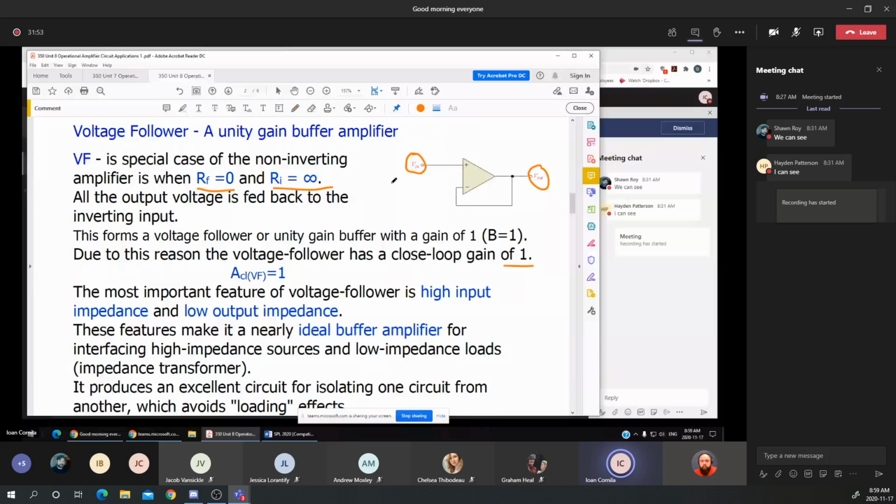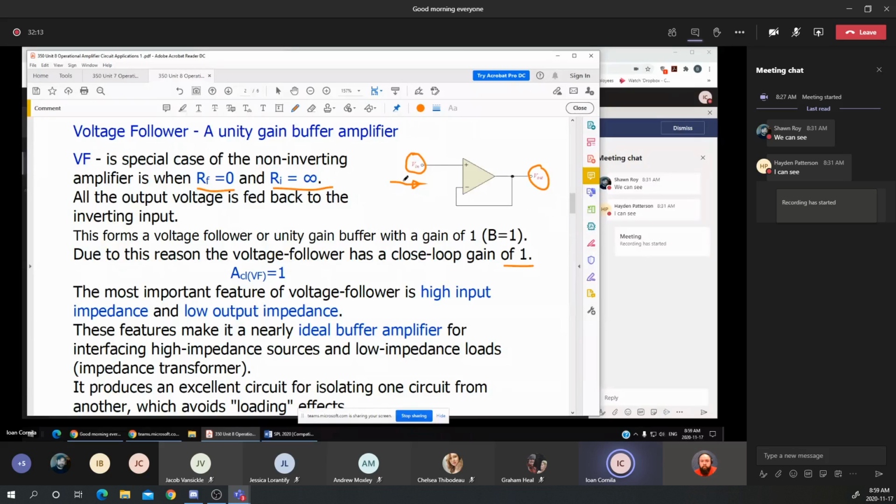In terms of the input impedance, suppose I'm applying a signal that requires a very high impedance for a circuit, but on the output I'm using a transformer, for example, which has a very low impedance.